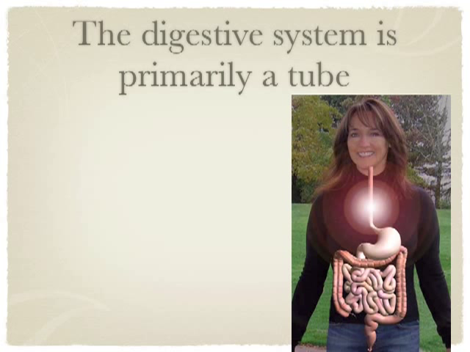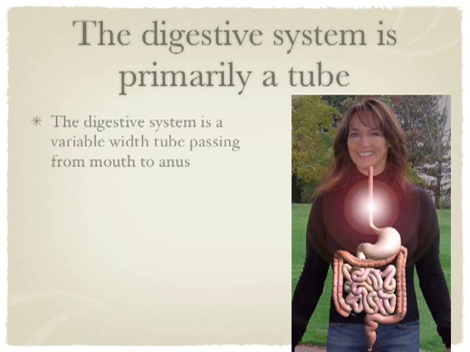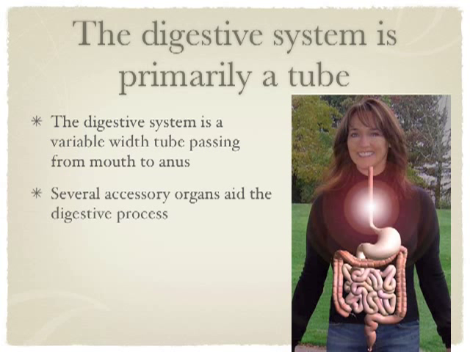Now, when we want to look at the digestive system structurally, the digestive system is primarily a tube. It has a variable width as it passes from one end of the body to the other. It gets wide in some places like the stomach and narrow in others. The tube does have some extra or accessory organs that aid the digestive process.